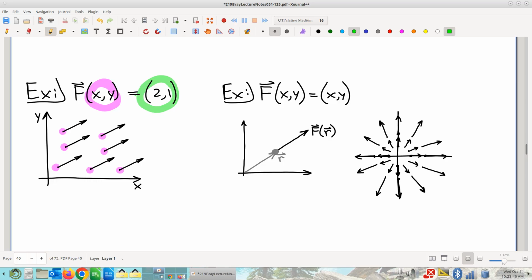Now how do we draw that? Well, remember our rule. We always draw the field vector for any given point as a vector with its tail at said point. So this is how we draw that then. So there's our first example. We've constructed a picture of a vector field.